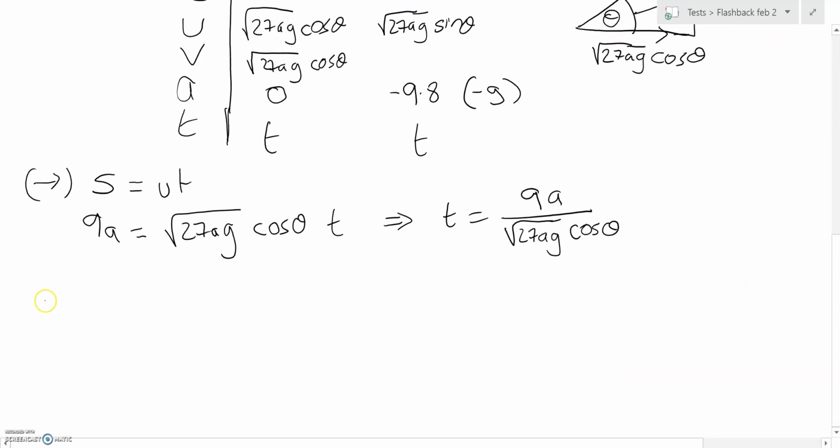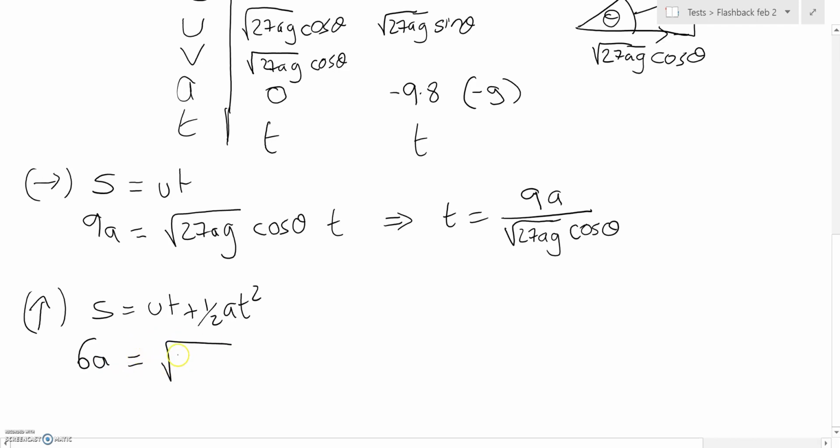Now let's look at the vertical direction. In the vertical direction, we use the same equation again. Vertically, the displacement was 6a.